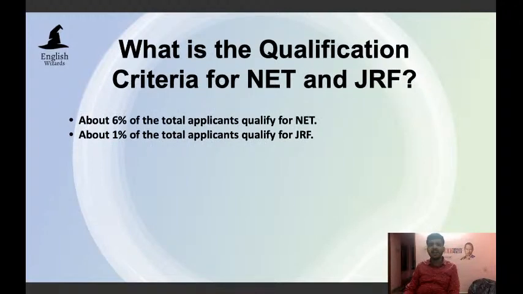Again, I know most of you will know this, but the NET exam basically consists of 2 papers. There was a time when it consisted of 3 papers. Let's leave it. Right now, it consists of 2 papers. The first one is a general paper, which has 50 questions. What comes in the general paper? The general paper consists of questions from reasoning, mathematics, that kind of thing.